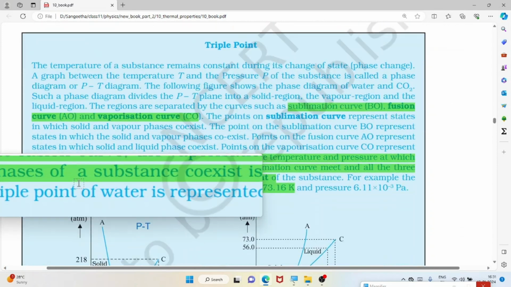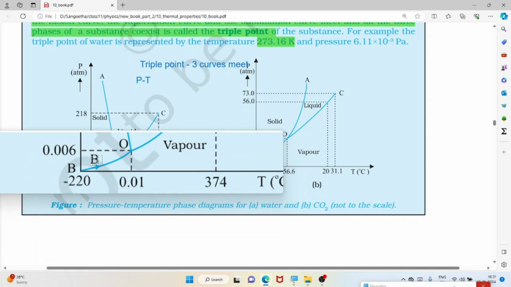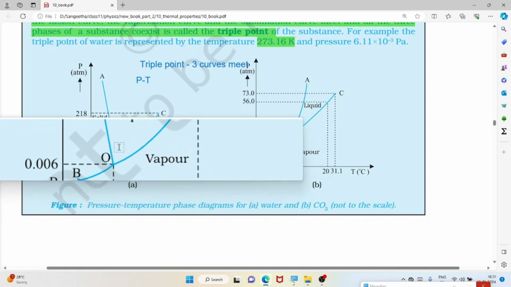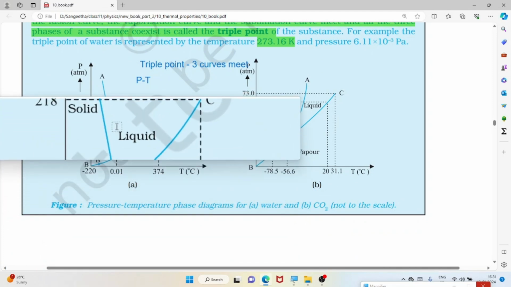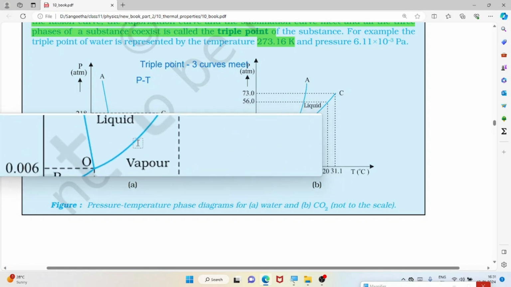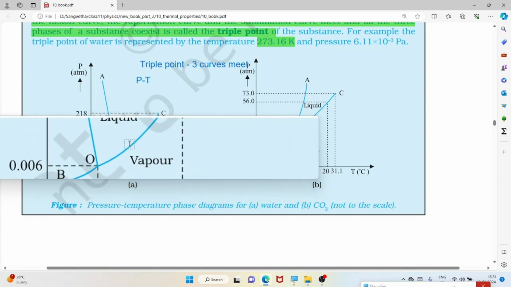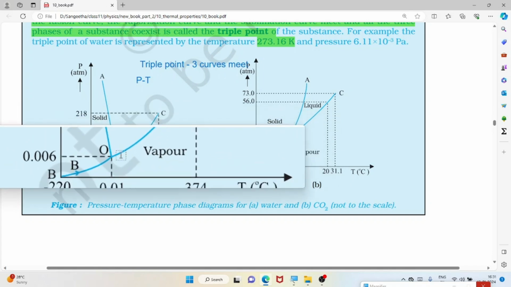What is the triple point? The triple point is where the sublimation curve, solid to vapor, the fusion curve, solid to liquid, and the vaporization curve, liquid to vapor, all meet at one point.